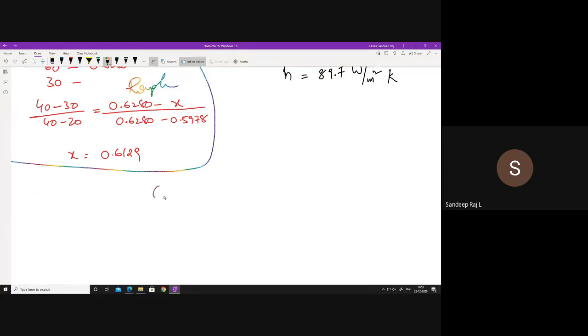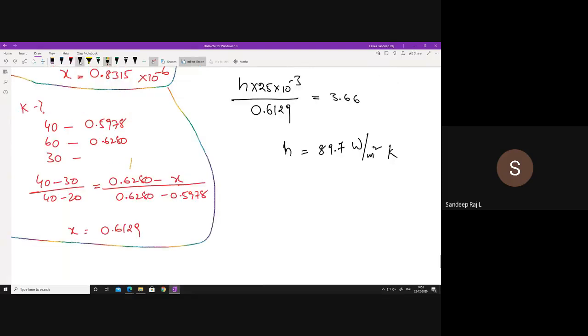For that, m Cp delta T. Q stored is equal to Q convection.